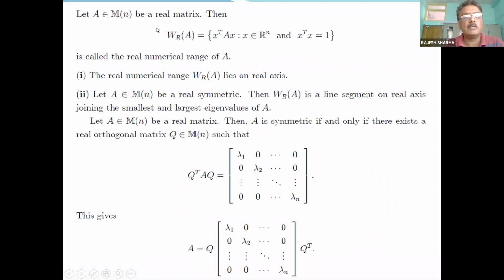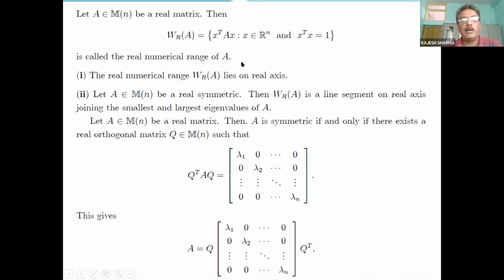Now at last we give some idea of the real numerical range. This is not so useful in application, but we should know what the real numerical range is. Let A belonging to M_n be a real matrix. Matrices are taken real, and W_R(A) is defined as the set of x^T A x, where x belongs to R^n. x is also a real vector, and x^T x is 1.